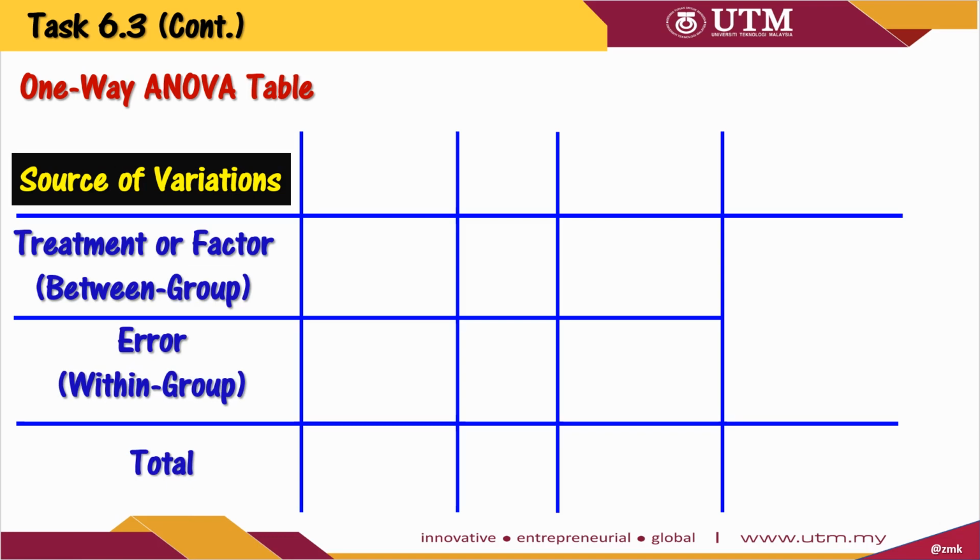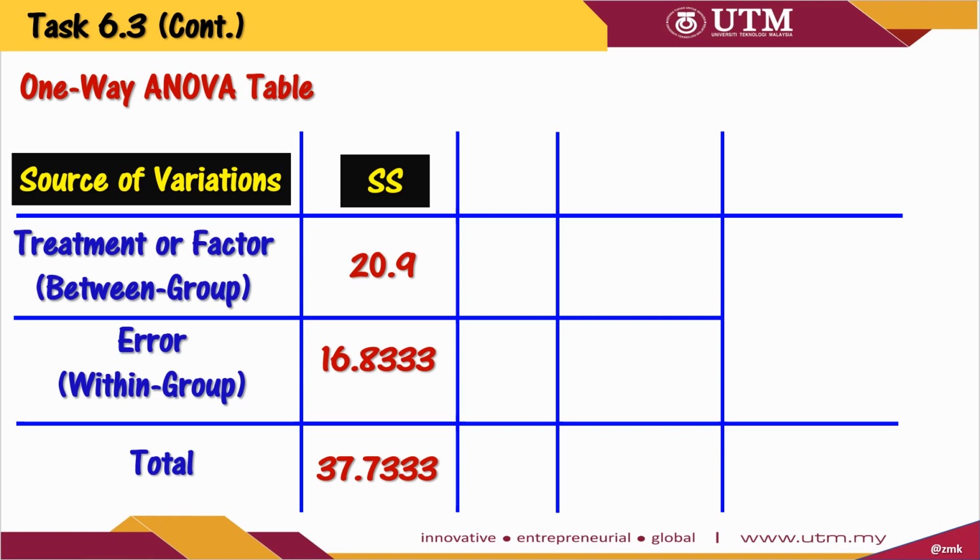The second column is for the values of sums of squares. You can write the total sum of squares as SST first, followed by the treatment sum of squares as SSTRT, and lastly, the balance is the errors sum of squares as SSE.